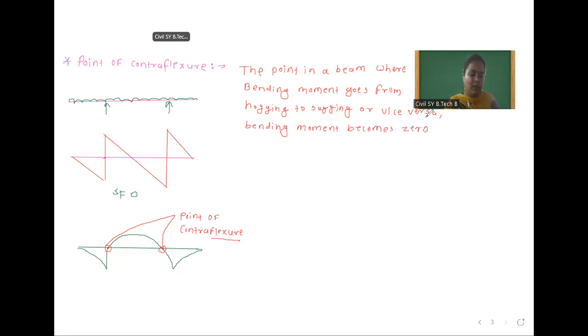Bending moment becomes zero. That point is called the point of contraflexure.